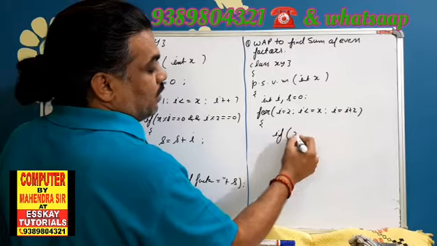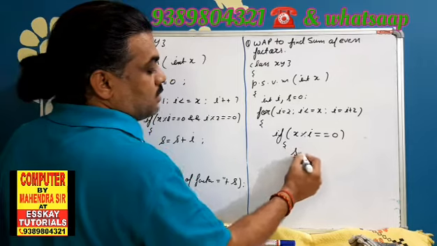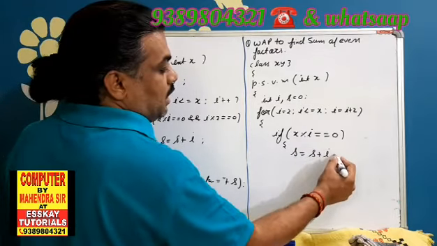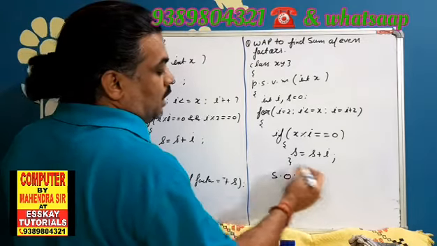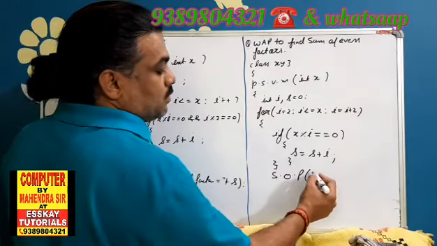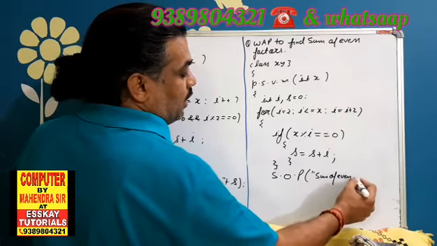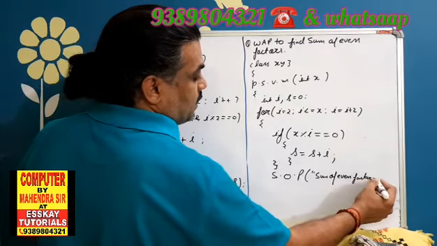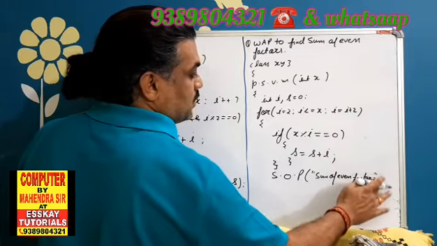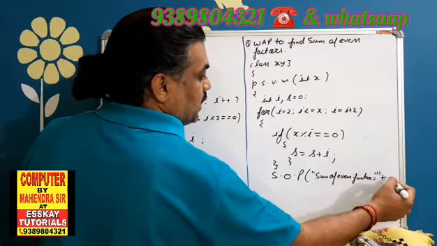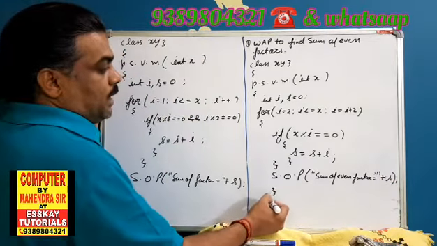If x mod I is equal to 0, then s is equal to s plus I. I close the for loop also. Sum of even factors is equal to plus s, and I put a semicolon, and here the program ends.